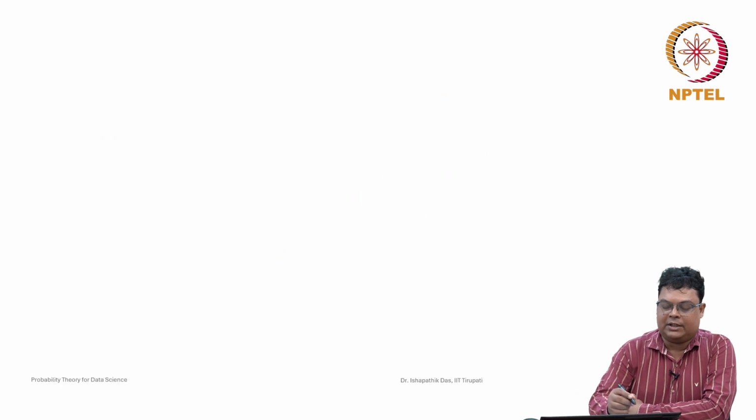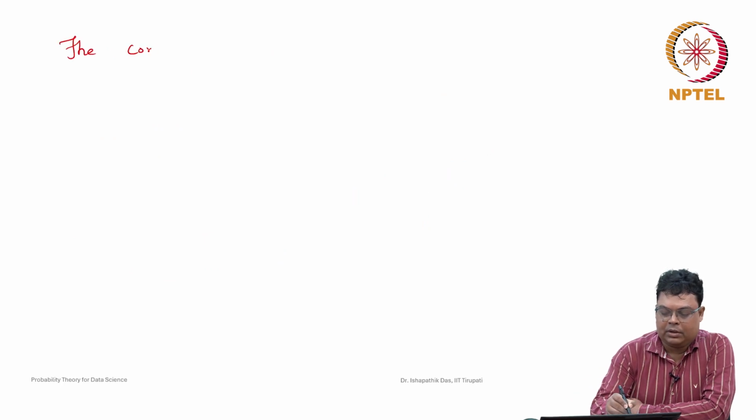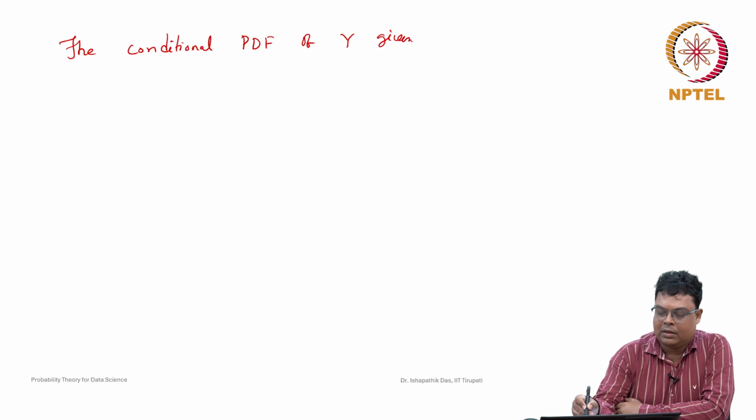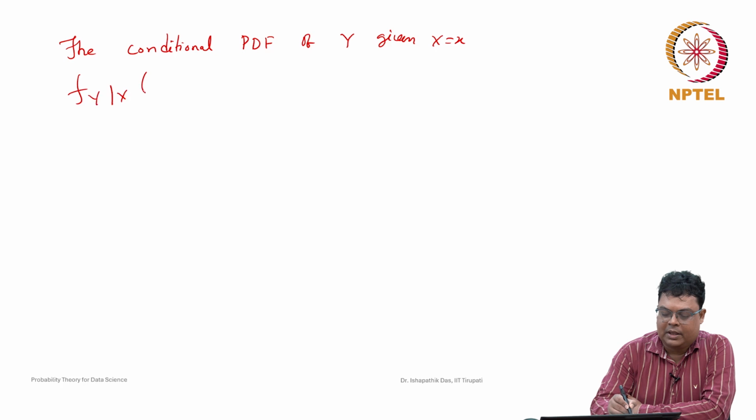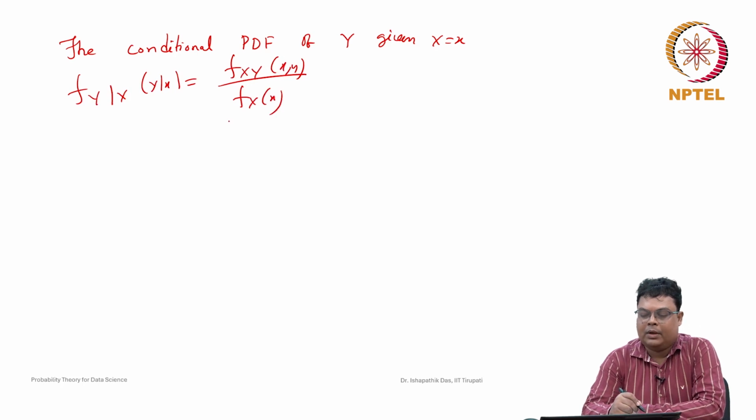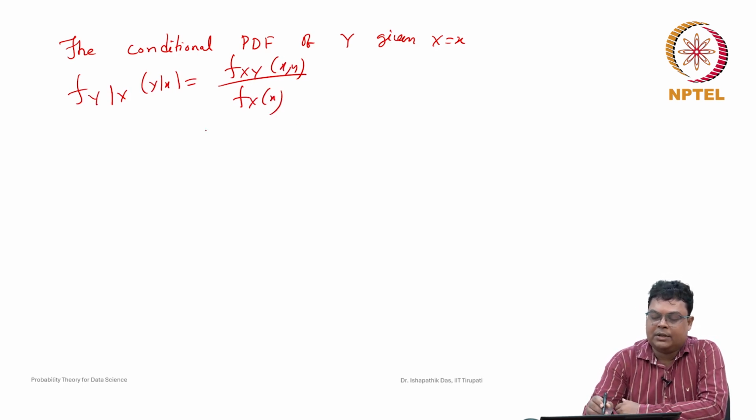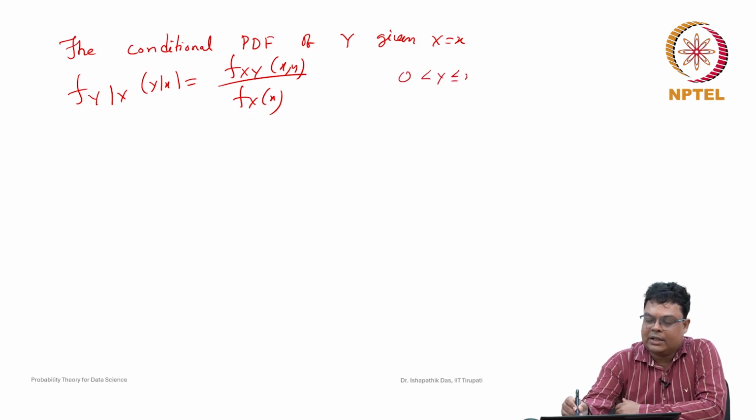The conditional probability density function of y given x = x is defined as the joint probability density function divided by f_X(x). The joint density is non-zero in the region 0 < y ≤ x < 1, and f_X(x) is also non-zero whenever x is between 0 and 1.